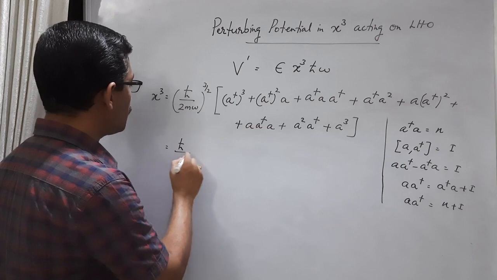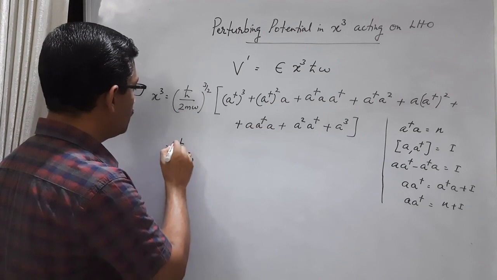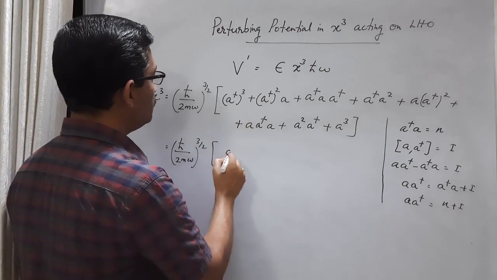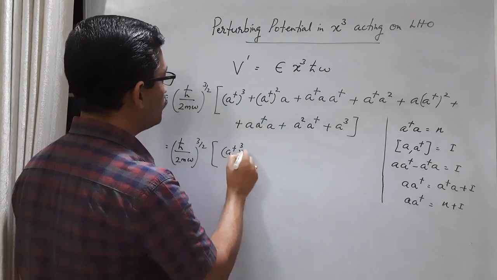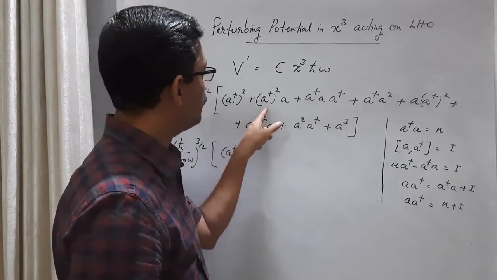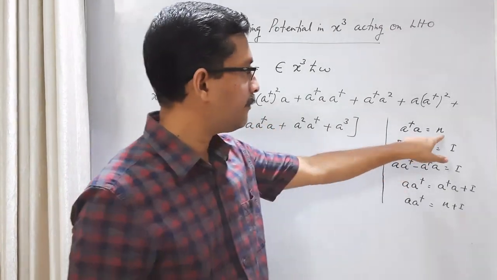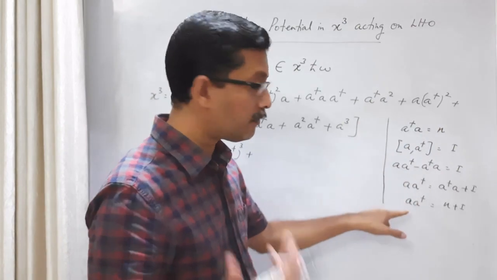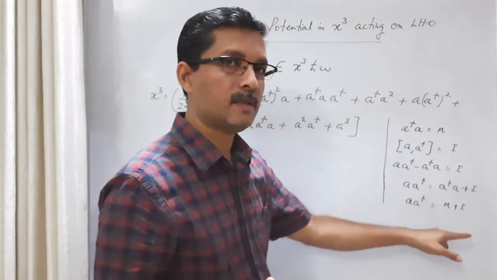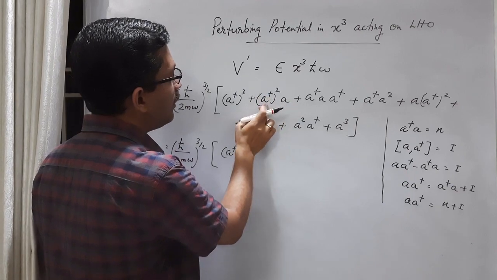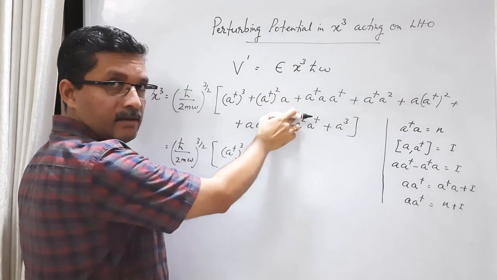So we have h cross by 2m omega raised to 3 by 2. First term remains the same, a dagger cube, plus. Now wherever we have a dagger a I am going to use n, the number operator. Wherever we have a a dagger I am going to use n plus I. So here we have a dagger a dagger a, right?